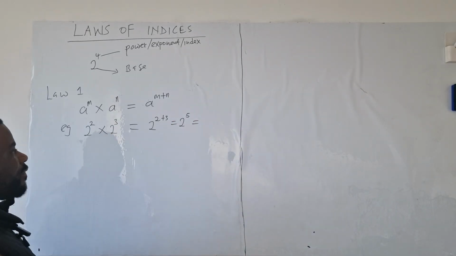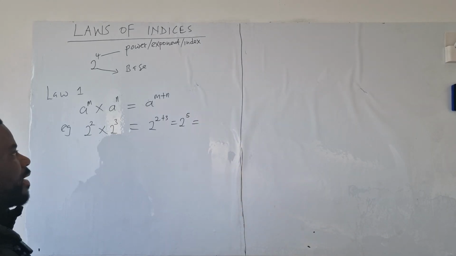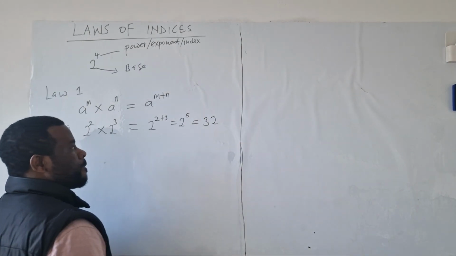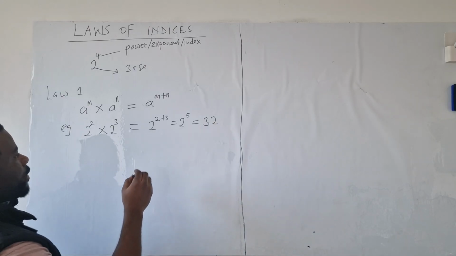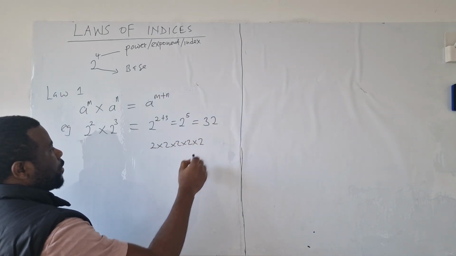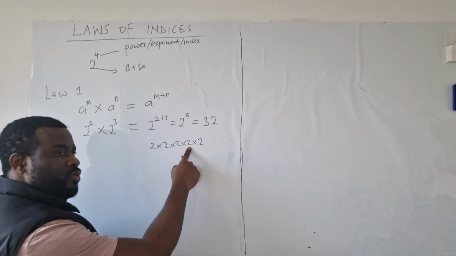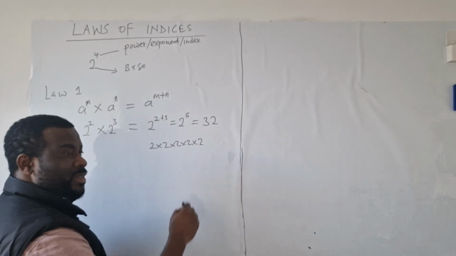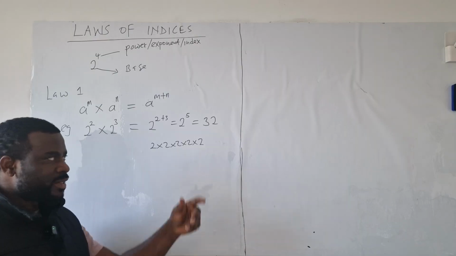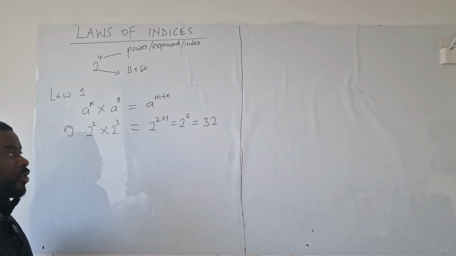Then 2 raised to the power 5 gives us what number? 2 multiplying itself 5 times, and that's going to give us 32. That is 2 times 2 times 2 times 2 times 2. So 2 times 2 gives us 4, times 2 gives us 8, times 2 gives us 16, times 2 gives us 32. So 2 power 5 means 2 multiplying itself 5 times. So that is the first law.